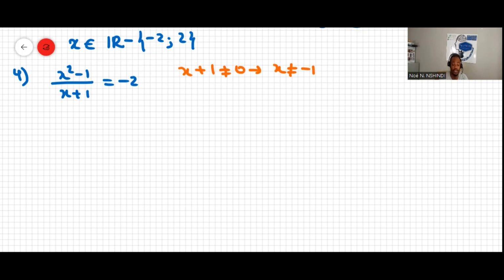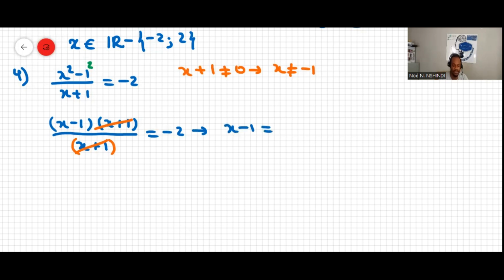Now we can simplify because the numerator is a difference of two squares. In case you don't notice it, 1 is the same as 1 squared. Then we can simplify x plus 1 and x plus 1 there, and we have x minus 1 equal to -2.